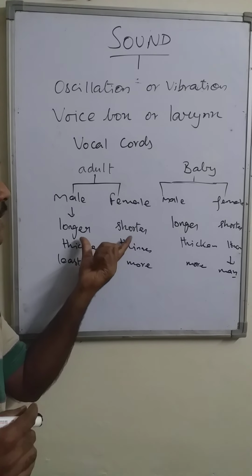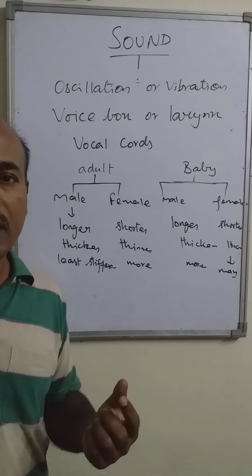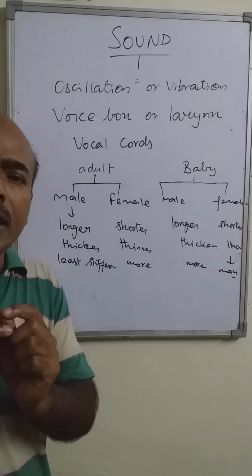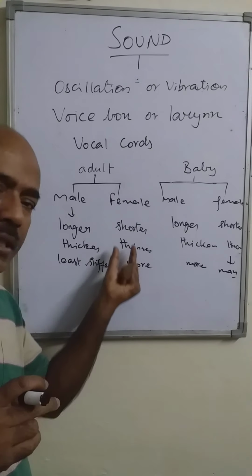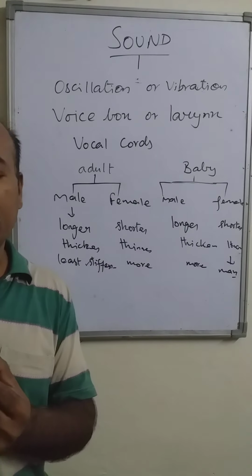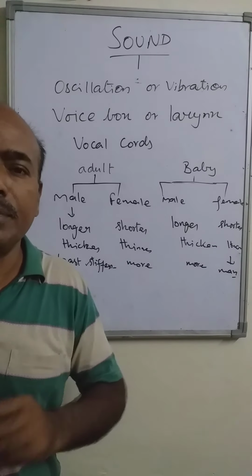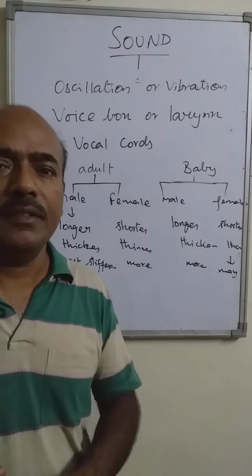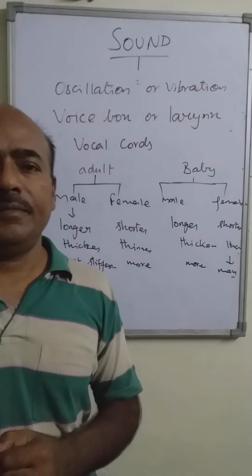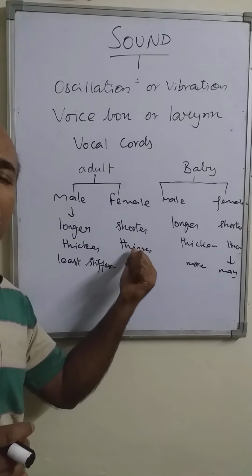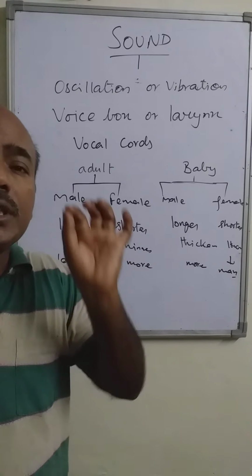If we compare the sound of male and female, the sound from male adult is louder, but the sound from female adult is sharper, like we say it pricks the ear, because this sound is very, very sharp. We say it is more shrill.